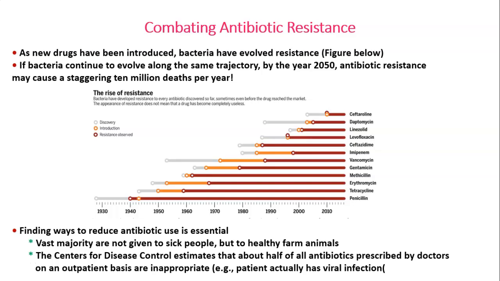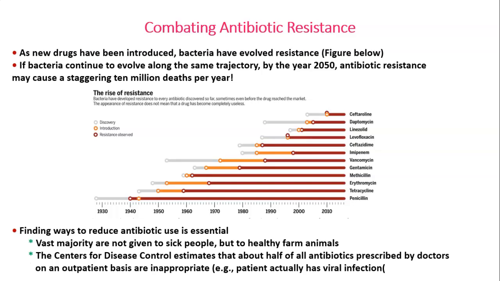And the medical community agrees that if bacteria continue to evolve along the same trajectory, by the year 2050, just 30 odd years away from now, antibiotic resistance may cause a staggering 10 million deaths per year. Certainly catastrophic.